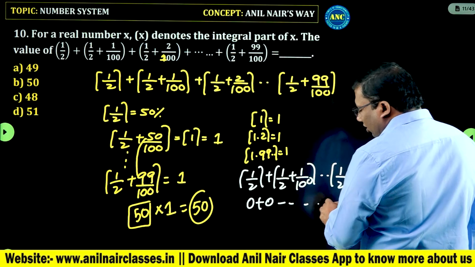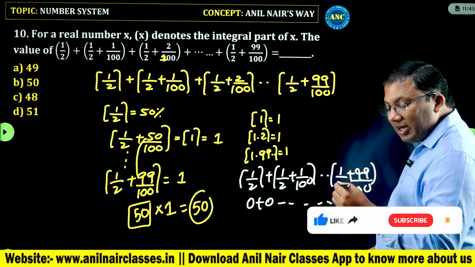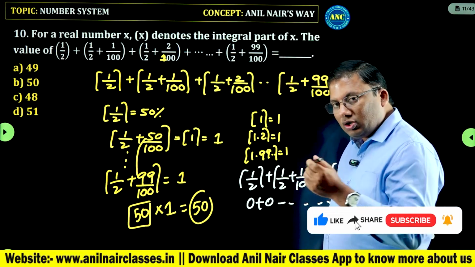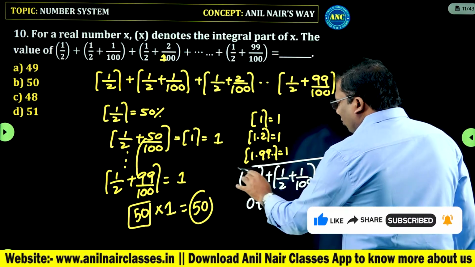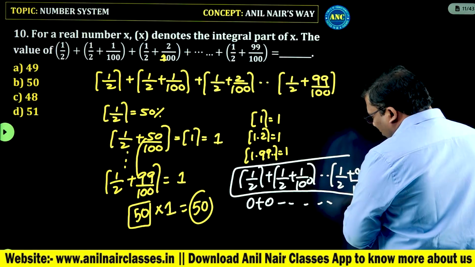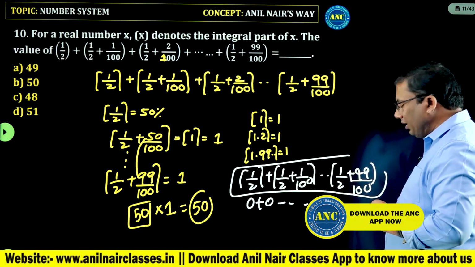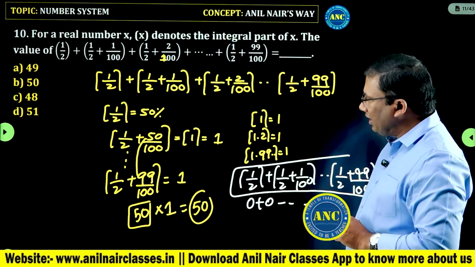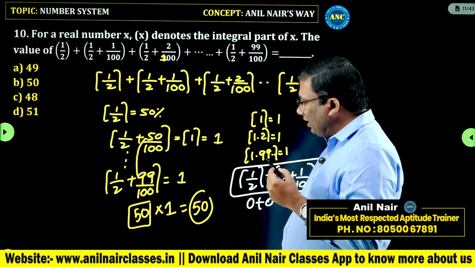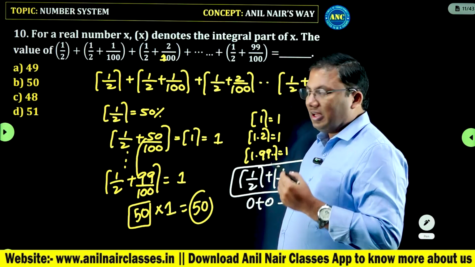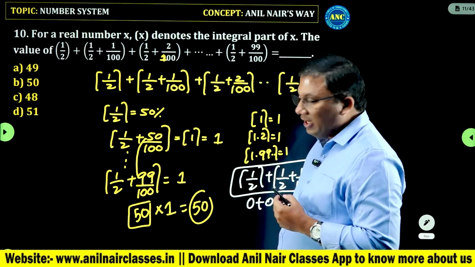Because anything from 0 to anything less than 1, the greatest integer function is 0. So from 1 by 2 plus 1 by 100 till 1 by 2 plus 49 by 100, it is 0. From 50 by 100 to 99 by 100, it is 1. 50 ones are 50. The answer for this question is 50.